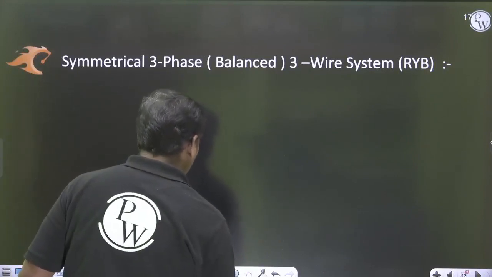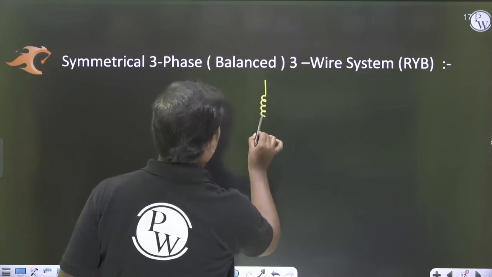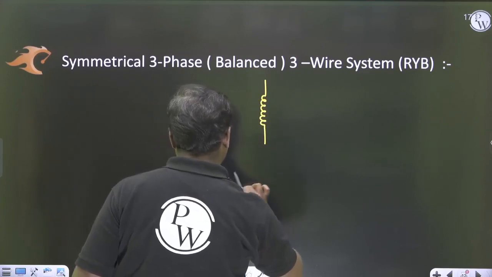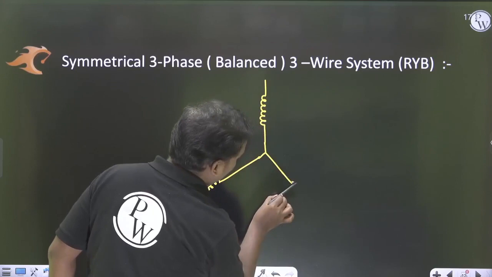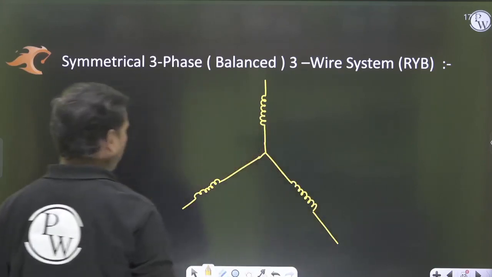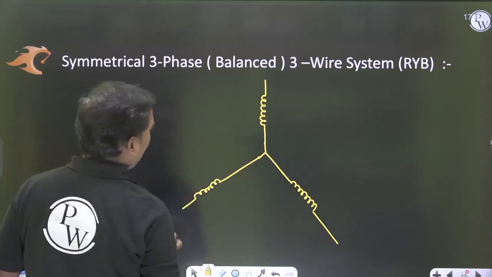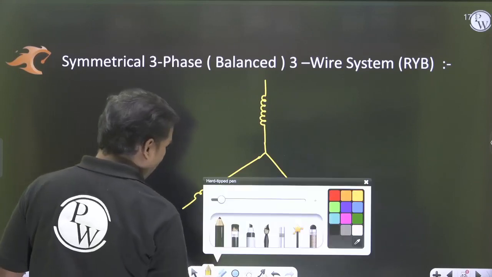If you see the 3-phase balanced system, I am taking a star model. There will not be any common line. Okay. So we can take this now, 3-wire system. How it is a 3-wire system, I will let you know.